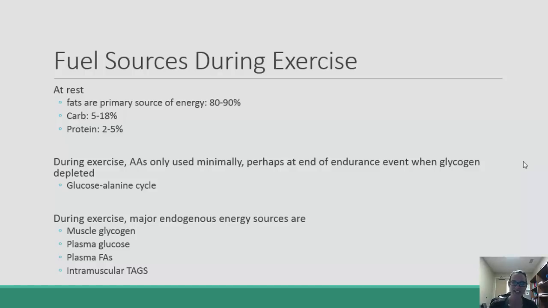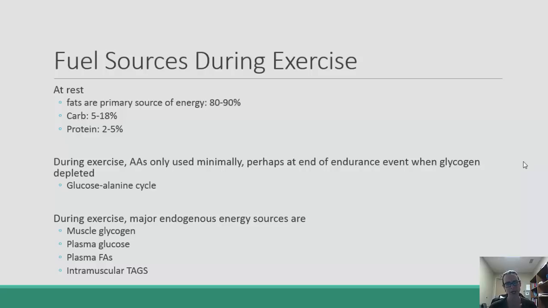Now, during exercise, we barely use any amino acids. The only time we would do this is if we were really, really tapped. Our glycogen was completely depleted, and then we would start to break down our muscle and utilize it for energy via the glucose-alanine cycle.